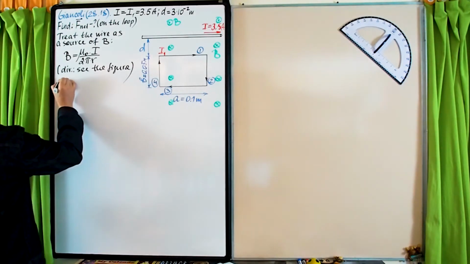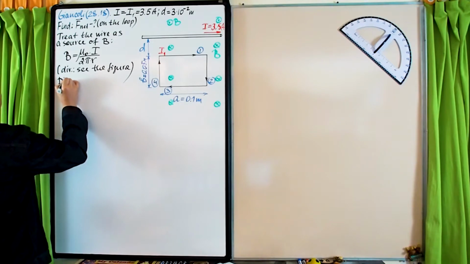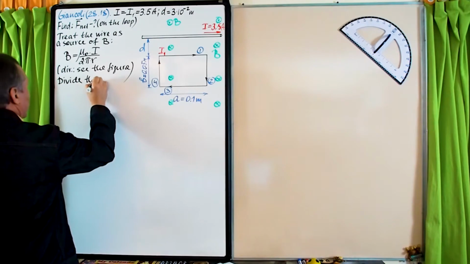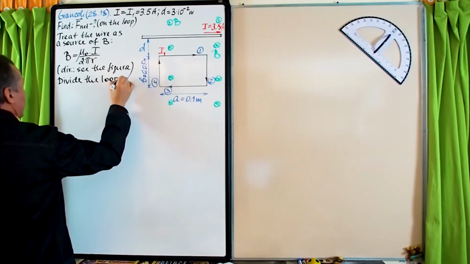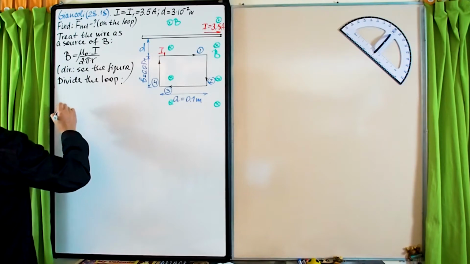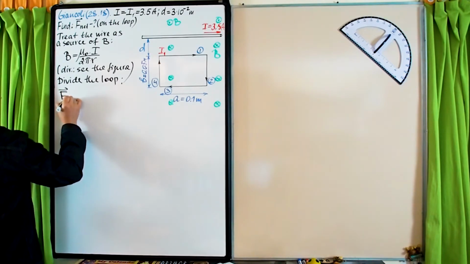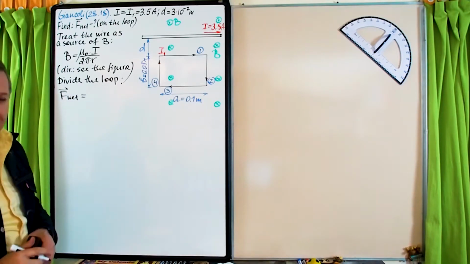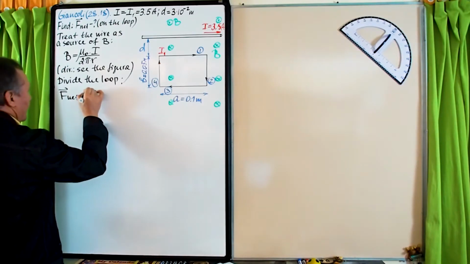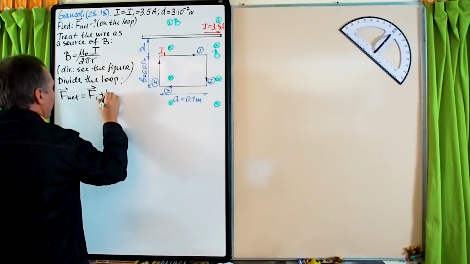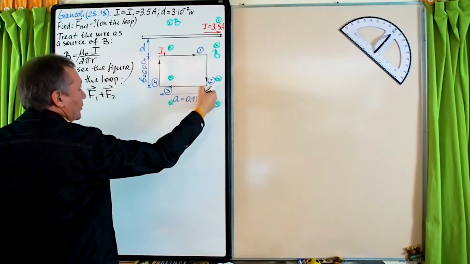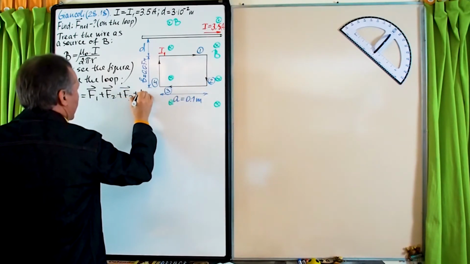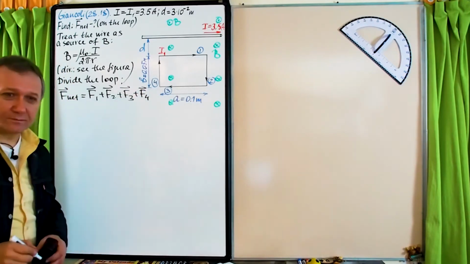So, okay, let me write. Divide the loop, right? And as a result, we can write F net equals the force on the first wire plus the force on the second piece of the loop, this vertical one, plus F3 and plus F4.